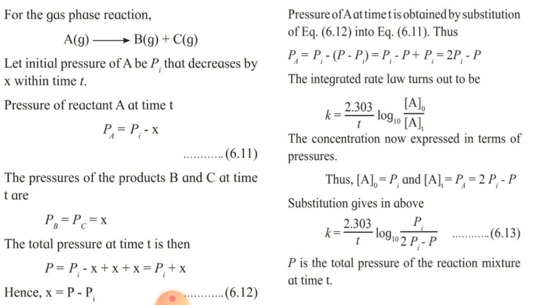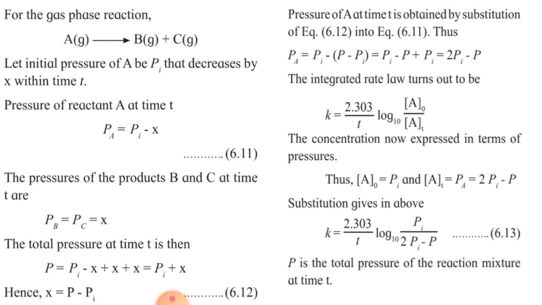We know the integrated rate law equation, that is K is equal to 2.303 upon T log to the base 10 A naught upon At. Now we are taking concentration in terms of pressure. So A naught, your initial concentration, will be equal to initial pressure, that is your Pi, and At is the concentration of the reactant at time T, which is equal to Pa and which is equal to 2Pi minus P. These values we are substituting in the integrated rate law equation.